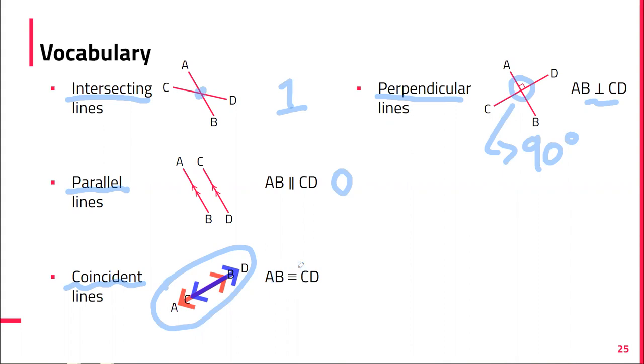In this case, how many points of intersection do we have? Infinite. Every point that's on one of the lines is also on the other line. They are perfectly overlapping, or we could even think of them as being the same line. So it's an infinite number of points of intersection. So 1, 0, or infinite. These are the 3 basic possibilities for types of intersections. So the vocabulary here: perpendicular, parallel, coincident.